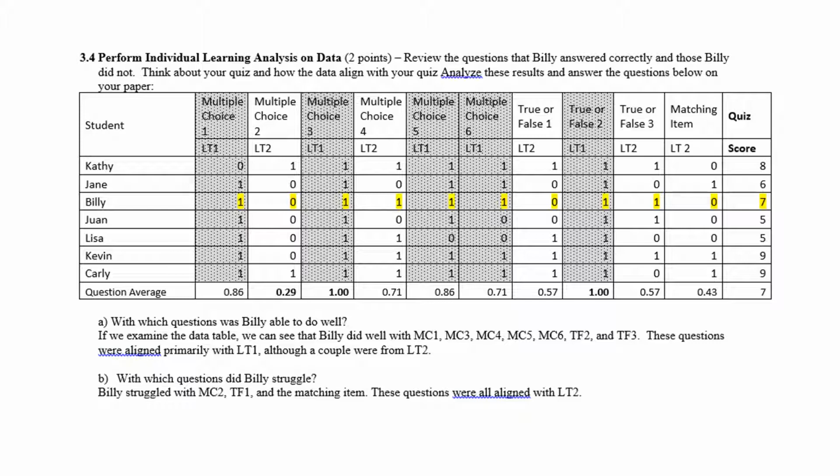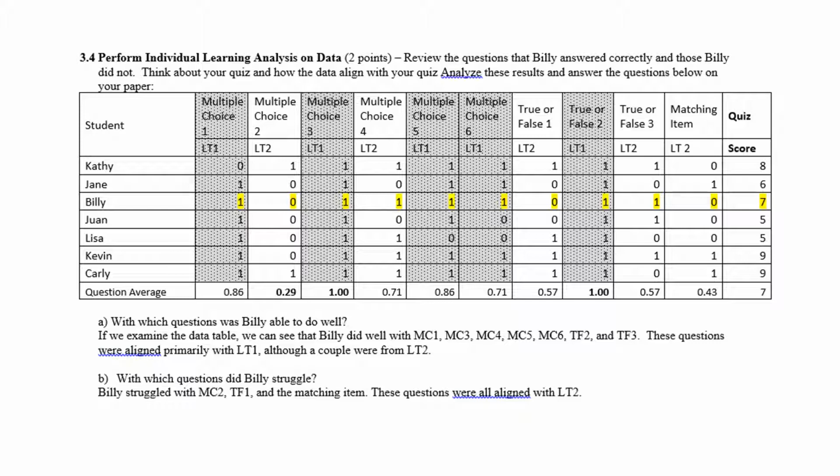Review the questions that Billy answered correctly and those that Billy did not. Think about how your quiz and how the data align with your quiz. Analyze these results and answer the questions below in your data. With what questions was Billy able to do well?